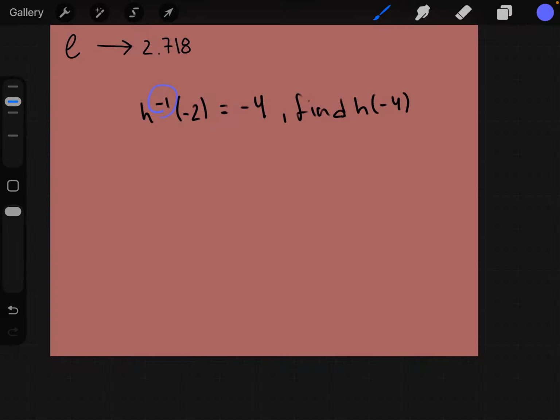This is an inverse, so that's the inverse of function h. If we have our x value, and then we have h of x, and if x is -2, then h of x is -4, and this is the inverse, what would h inverse be of -4?